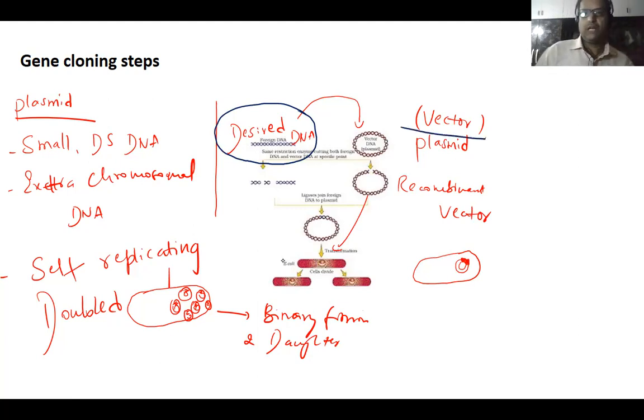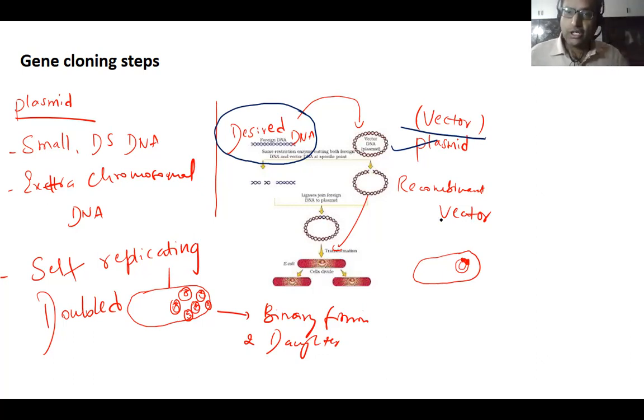A vector is a vehicle which carries the desired gene. The vector could be a plasmid. Now that vector has to be inserted into the host.